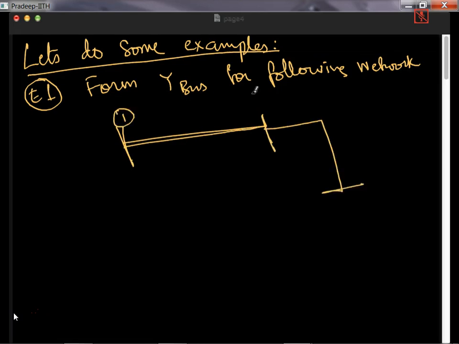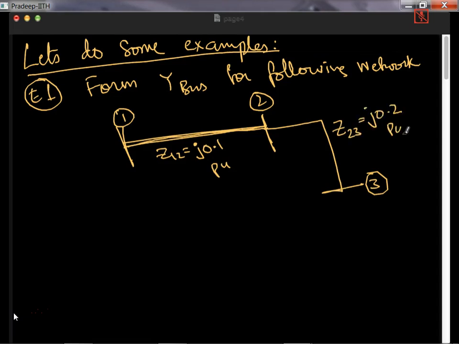This is bus 1, this is bus 2, this is bus 3. And the impedance of this, Z12 is j0.1 per unit. Z23 is j0.2 per unit. Okay, so this is the question.